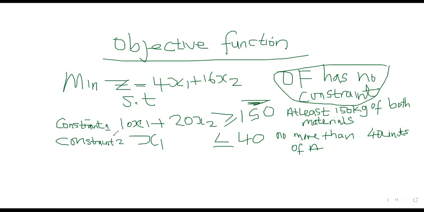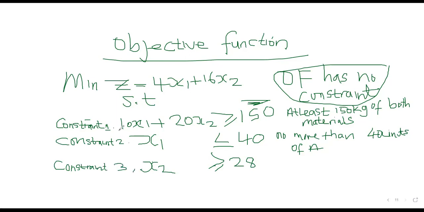And then the other one, at least 28 units of B. So B is x2 greater or equal to 28. So at least 28 units. So this is constraint 3.